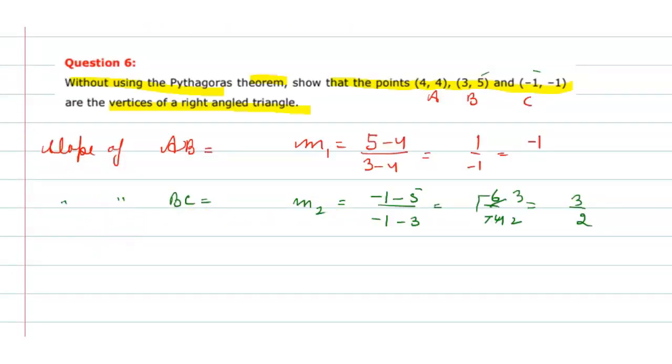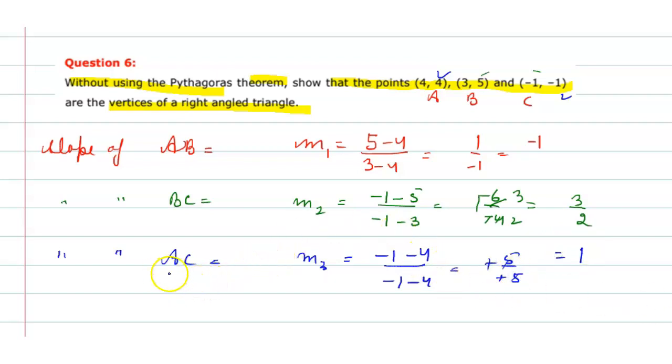Next is the slope of AC, M3 = (−1 − 4)/(−1 − 4)... = −5/−5 = 1. Minus and minus cancel and 5 ones are 5.